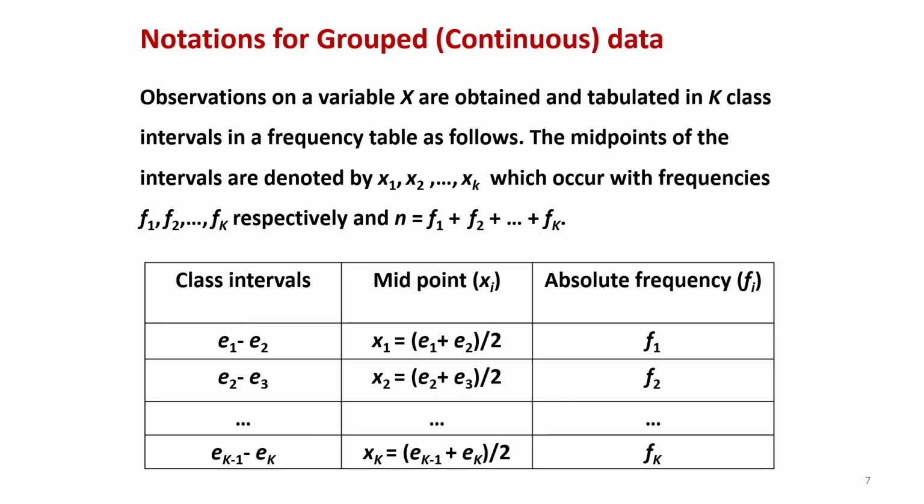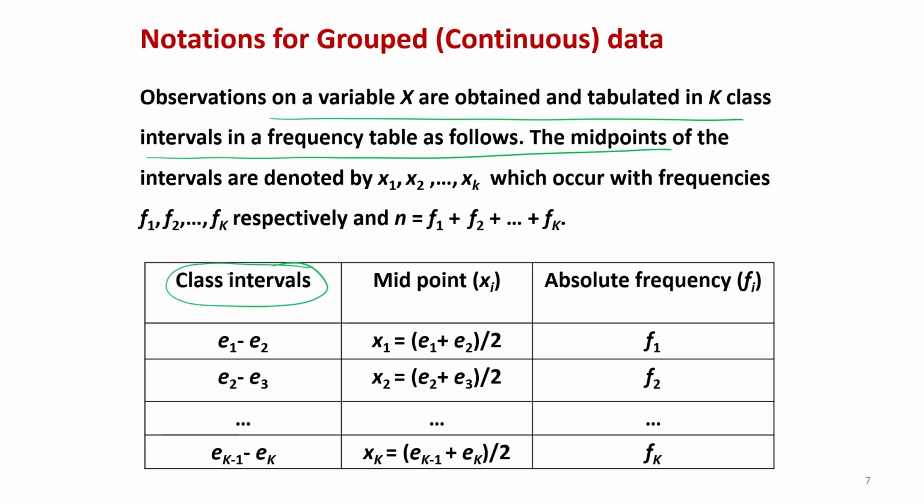And in case we are considering the random variable X to be continuous, then we have got the data, and that data has been tabulated into k class intervals in the form of a frequency table. We find the class intervals, and then we find their midpoints, say xi, something like x1 will be e1 plus e2 divided by 2.